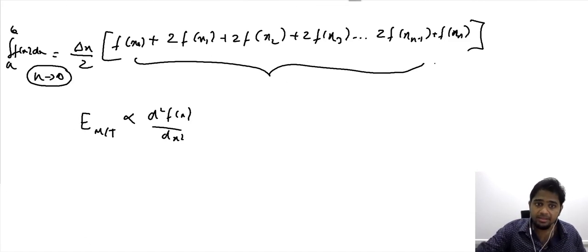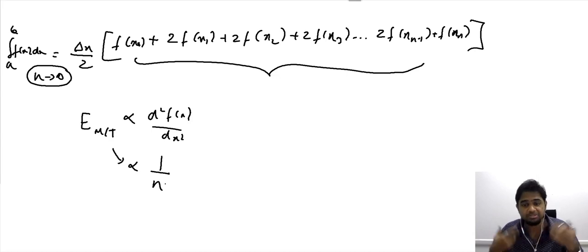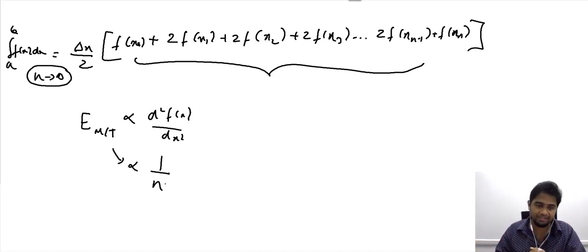While the curvature of the function increases the error, the error is inversely proportional to the number of points that enables us to partition the given area. As it increases, the error correspondingly decreases.